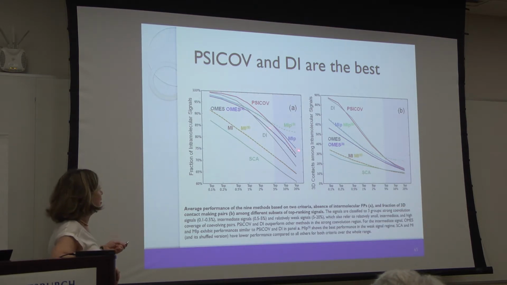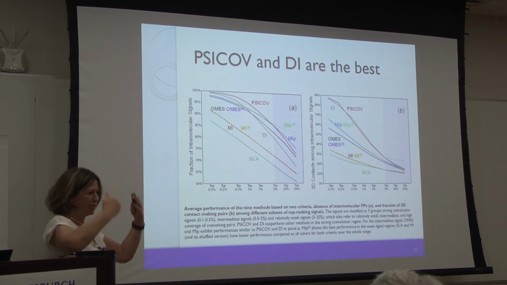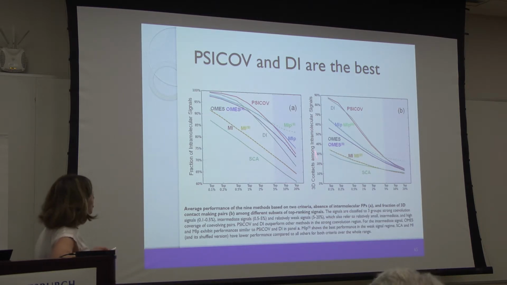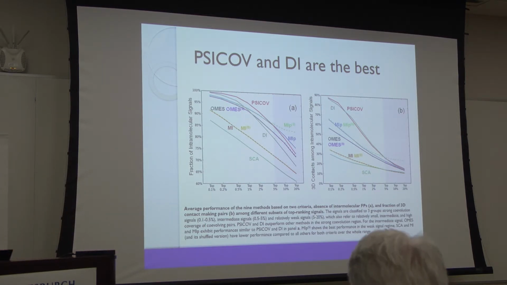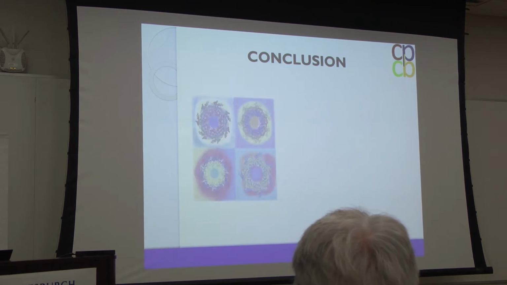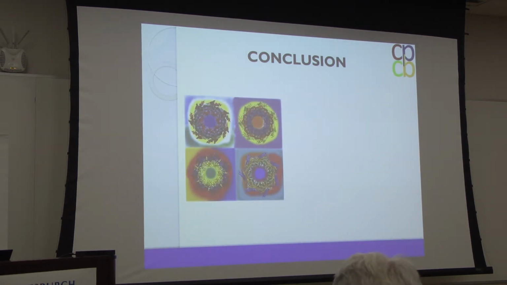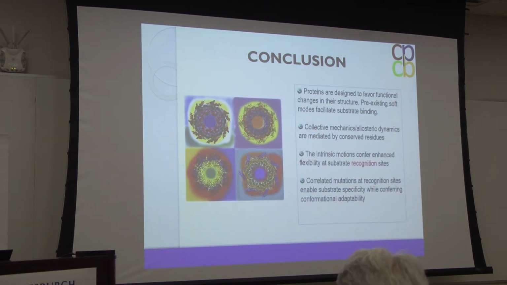But then they may become less and less correct as you go down the list. And also this is based on the contact-making ones. Psychov and DI, these are the two methods that really give the best result. And I will conclude that part and move to druggability in the remaining part.